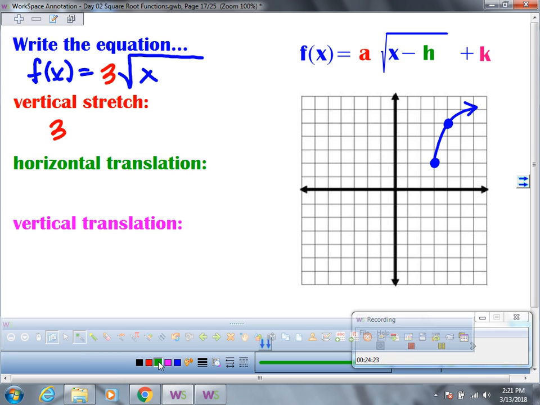Horizontal translation. Horizontal is this way, right? So we go over 1, 2, 3. So if I'm going to the right 3, it's going to be minus 3.